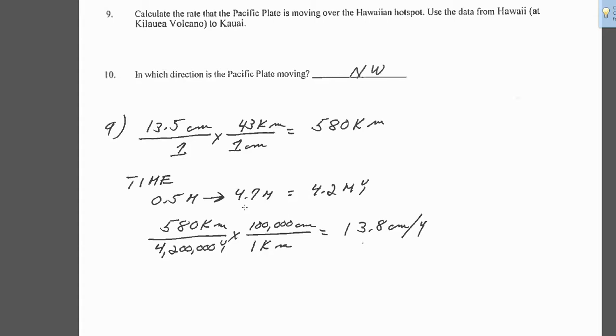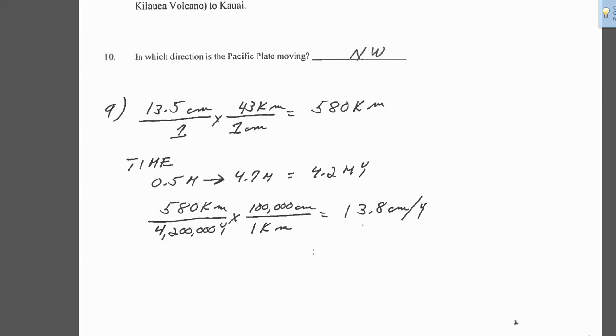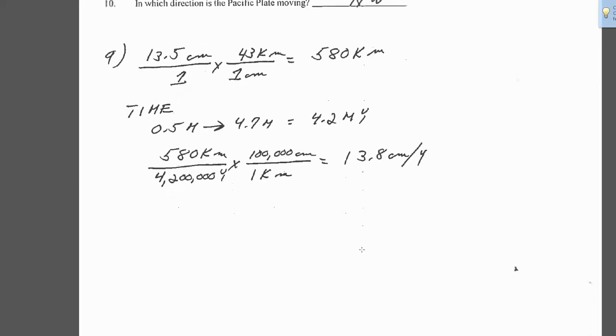And it's the same problem we did several times in class, and you also did previously on the assessment. 580 kilometers, and again, write million years, write it out as a number. So 4,200,000. And we know there are 100,000 centimeters in a kilometer. Same problem. And as you work it out, actually it was pretty quick, about 13.8 centimeters per year.